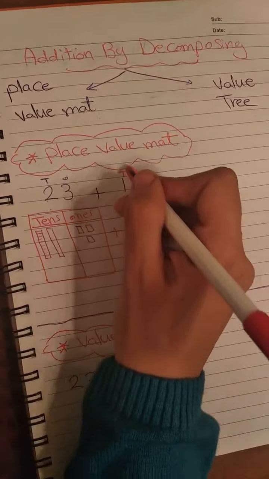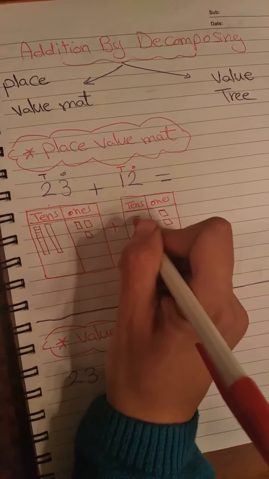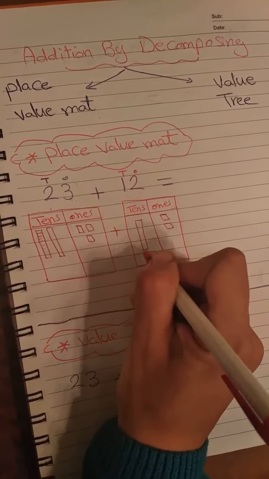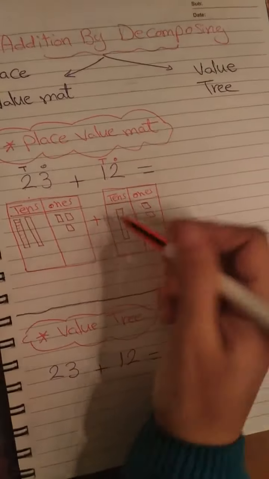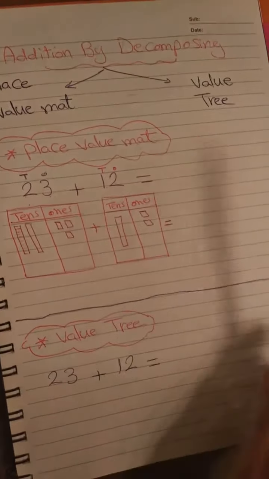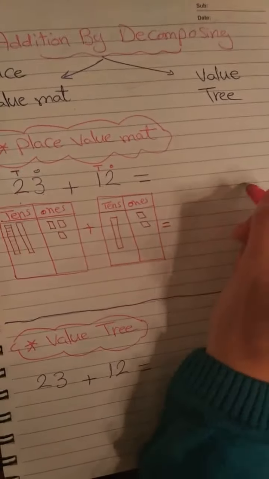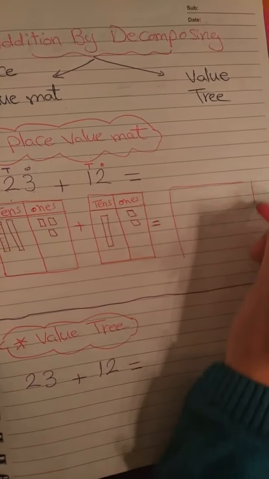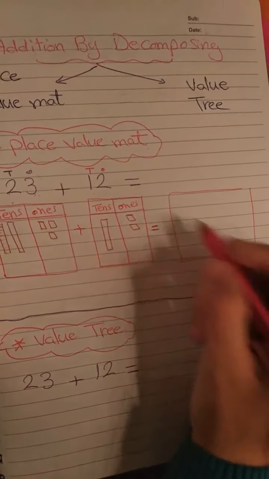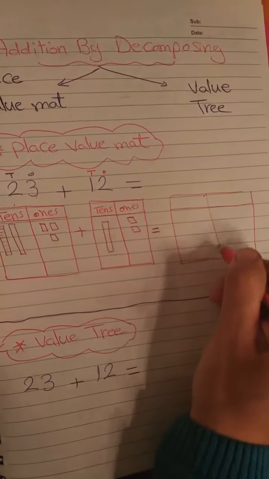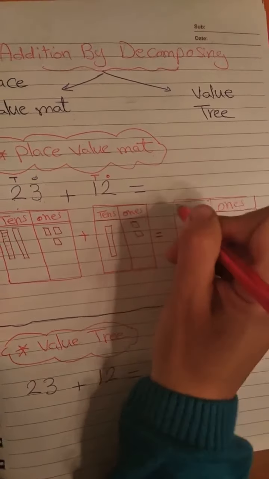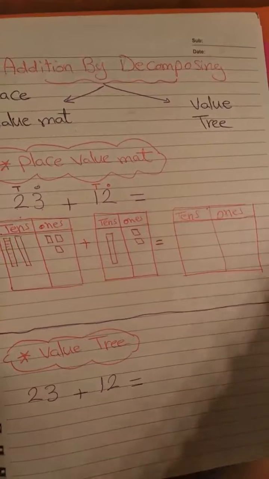And I have 1 ten, so it will be represented by one long bar at tens. And now I have to add. To add, I will draw one empty mat for the answer with 2 places, ones and tens.